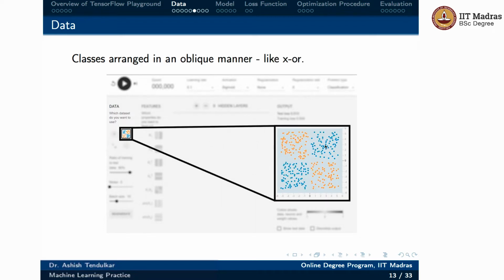Then we have an even more complicated setup where the classes are distributed according to XOR, right? They need a very complex decision boundary to be learned in order to separate two classes.